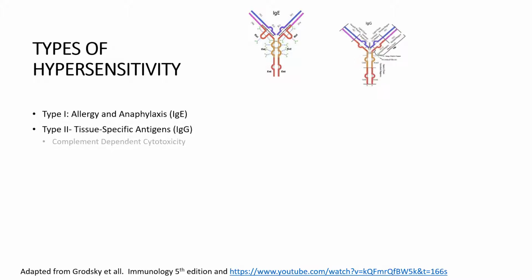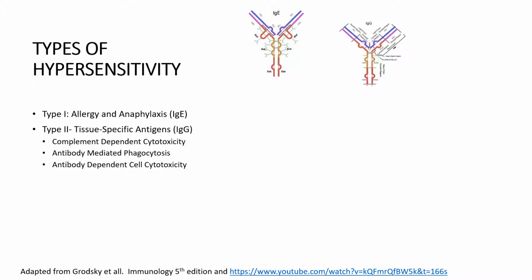The types of hypersensitivity reaction are type 1, very typically characterized by the presence of IgE, and it's a typical allergy and anaphylactic reaction. Type 2 involves tissue-specific antigens where IgG will bind, and there are 3 different types. One of them is complement dependent because the IgG activates the complement.